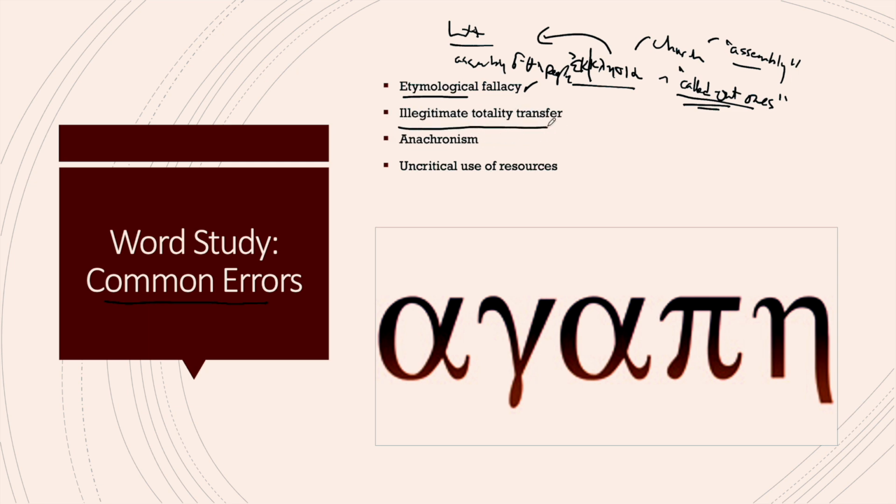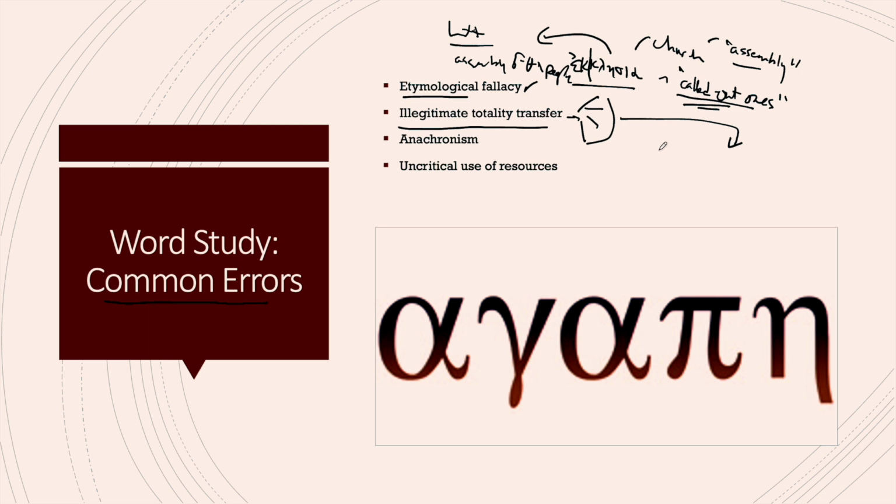Illegitimate totality transfer, that's a fancy way of saying don't pour all the possible meanings of a single word back into the occurrence that you find in the text. So again, you're going to find a range of meaning for a word. Don't take that range of meaning and plunk it into the context and say, well, this word means all these things in this passage.